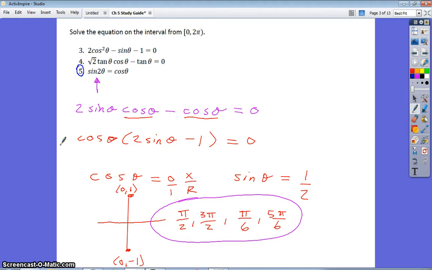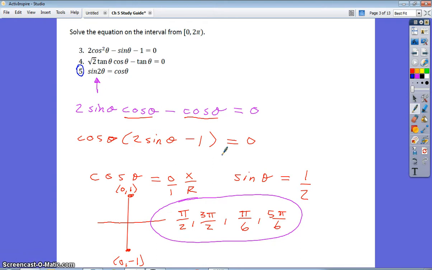I noticed I had two terms that have cosine, so I factored out cosine, and I set my two factors equal to 0 and solved. That's what you do with all these problems: you set your factors equal to 0 and you solve. So I ended up with cosine theta equals 0 and sine theta equals 1/2.